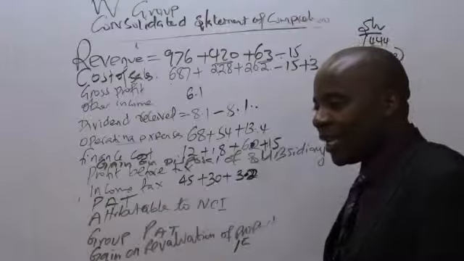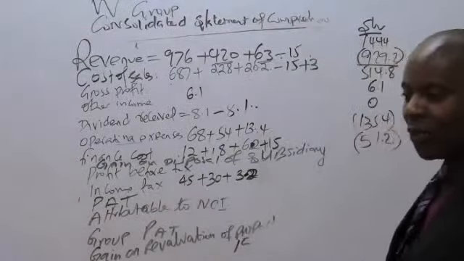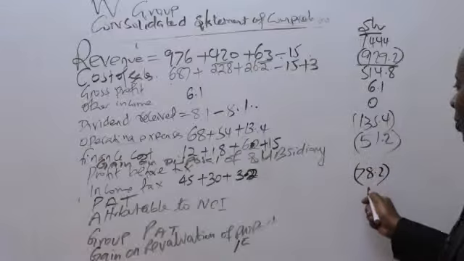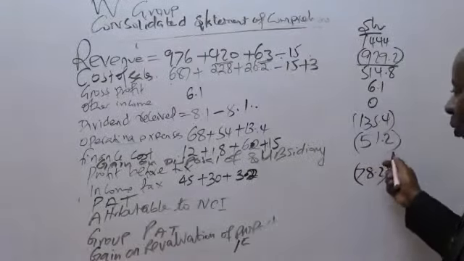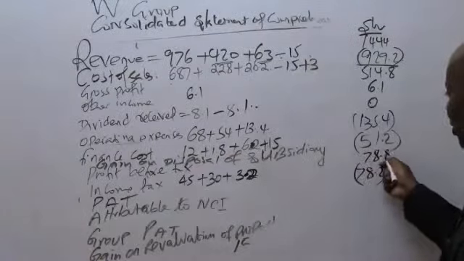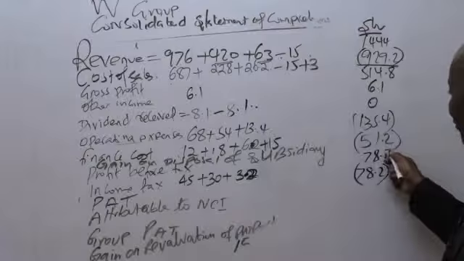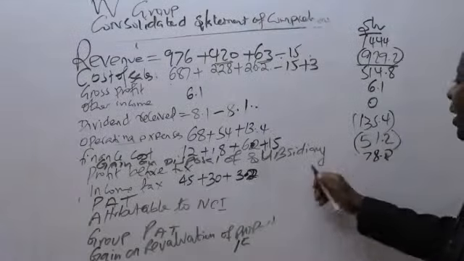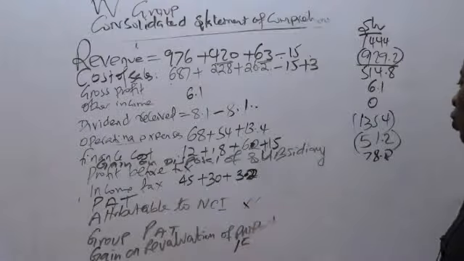You're copying my figures at your own risk. 78.2, usubtract mambo mengi sababu katikati uko na maneno. Usikatafute profit after tax, wachana na hiyo. Group profit after tax utapata baadaye.